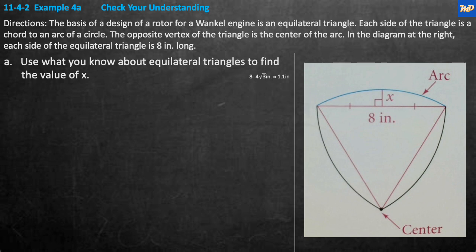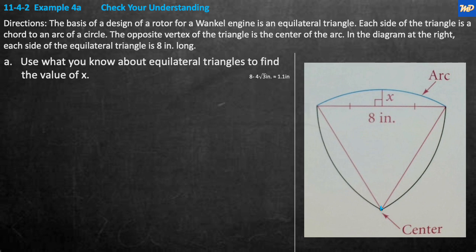Each side of the triangle is a chord of an arc of a circle. The opposite vertex of the triangle is the center of the arc. So you see that they're back down here, the center down here.